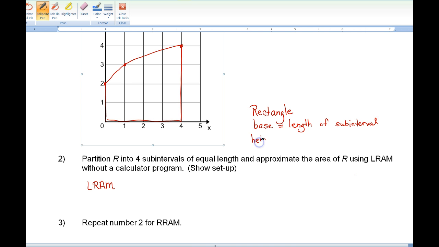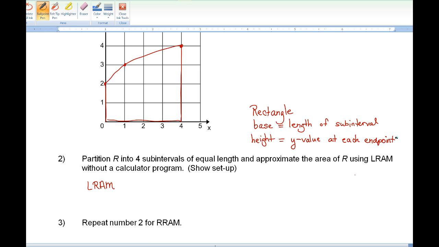And then the height is going to be the y value at each endpoint.